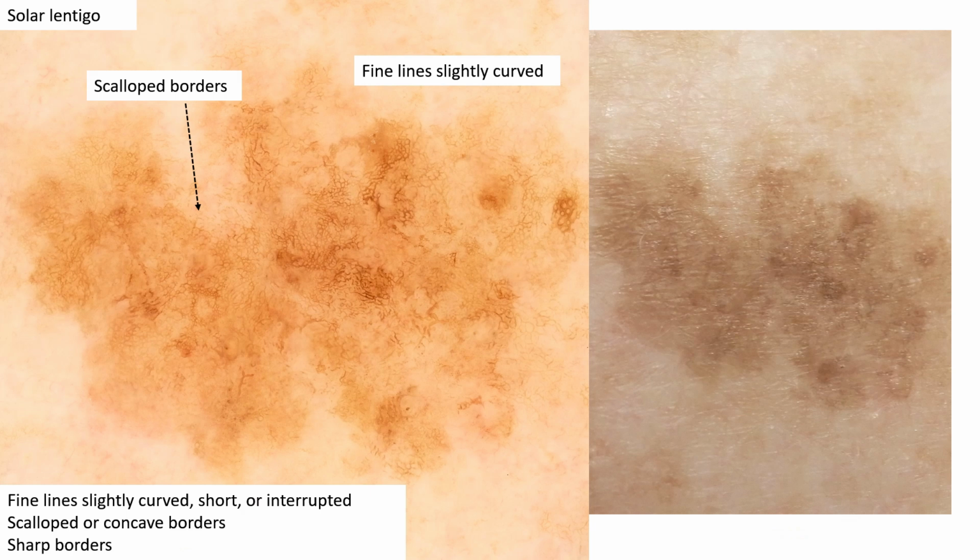Here we have an example of a lentigo. One can see these fine lines, slightly curved, as well as the scalloped borders. In this case, a similar pattern where we have fine straight lines, slightly curved.